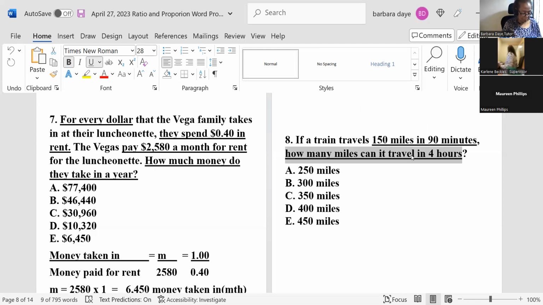Okay. If it travels 150 miles in 90 minutes, how many miles can it travel in 6 hours? How many?